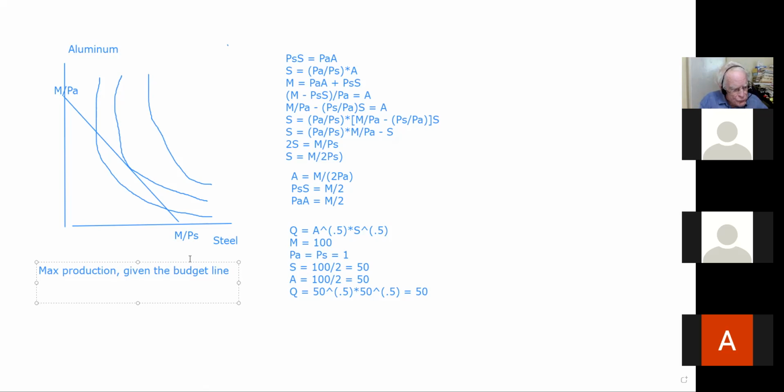To do that, let's use our production function for automobiles. And then introduce a constraint that reflects the fact that we cannot spend more than M on both inputs.